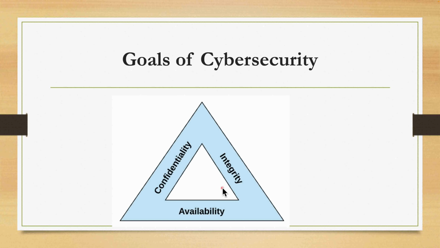Integrity means ensuring that information and systems are accurate, complete, and free from unauthorized modifications or tampering. Availability means ensuring that information and systems are available when needed, and are not disrupted or made unavailable due to any cyber attack or other causes.